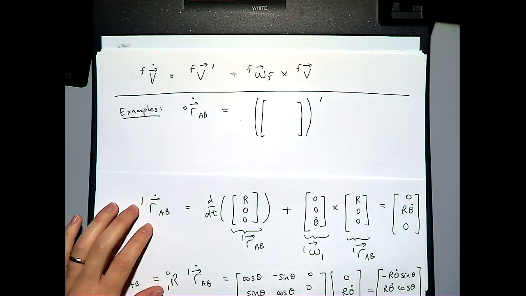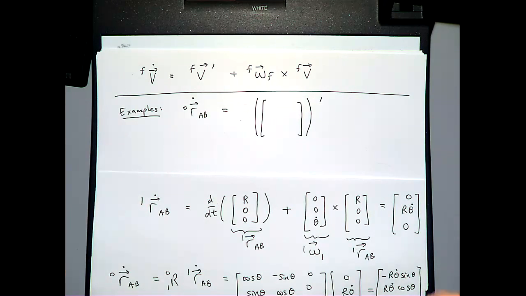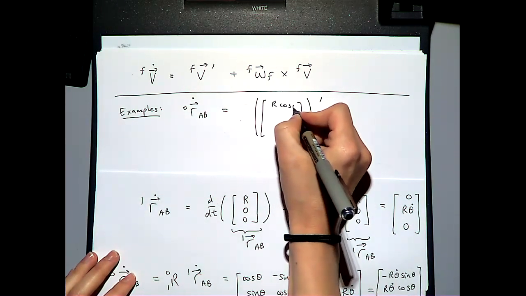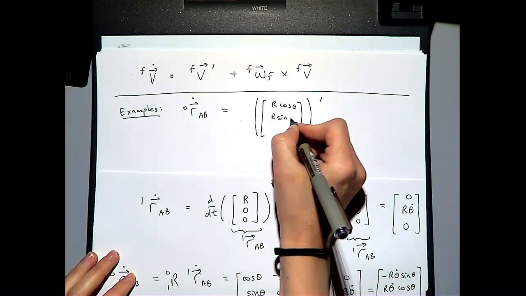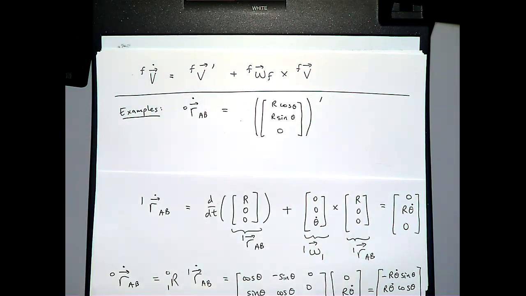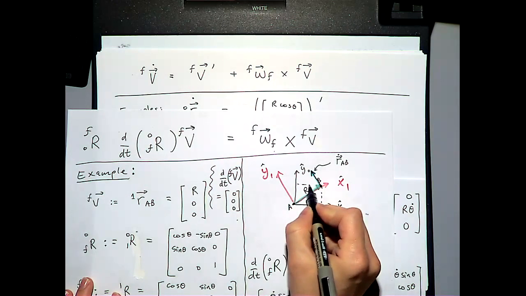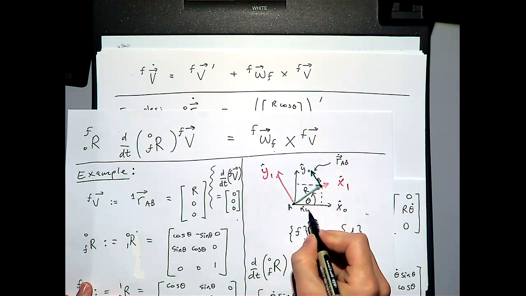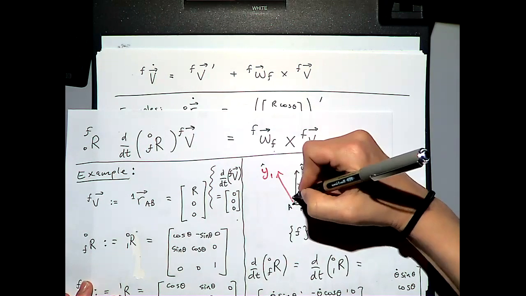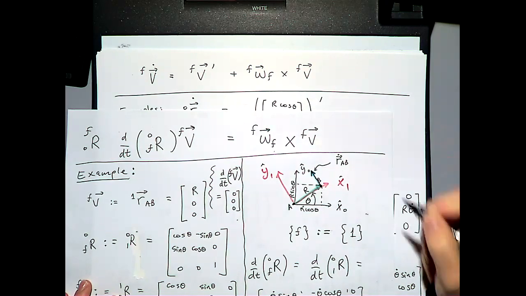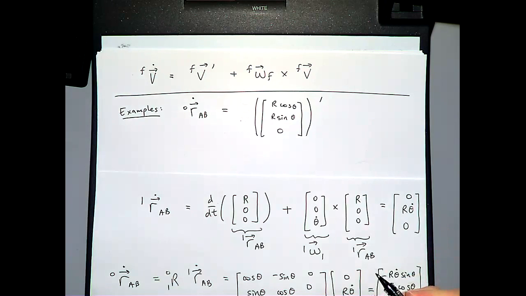What was the vector RAB in frame 0? R cosine theta, R sine theta, and 0. Okay, just a reminder. Yeah, in frame 0, R cosine theta and R sine theta. Okay, so this is the vector in frame 0.